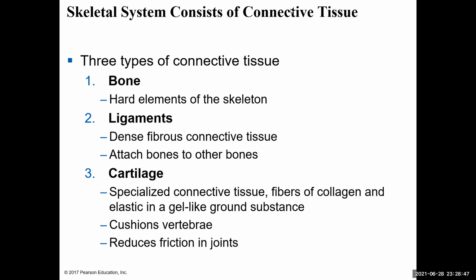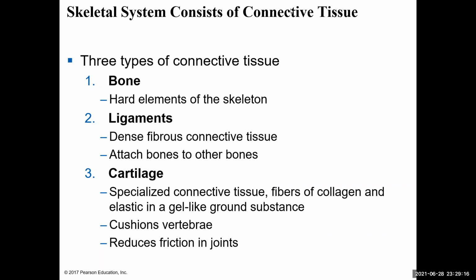And then the third type of connective tissue in the skeletal system is cartilage. And so cartilage is, again, a specialized connective tissue. It's made up of collagen. And remember from the last module, we talked about cartilage being a substance that is made up of cells and a ground matrix, or a ground substance.